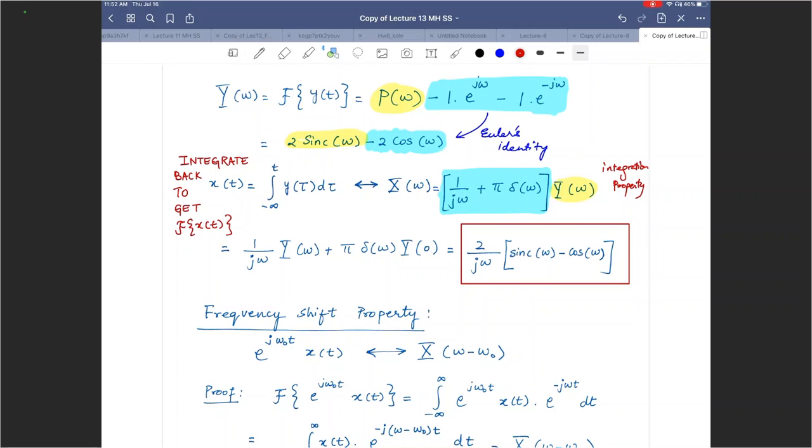So just to recap, what did we do? The moment we realized that it's a linear function, we tried to use the time derivative property. We differentiated the signal. We got impulses and some rectangles. We know the standard pairs for pulses and impulses.